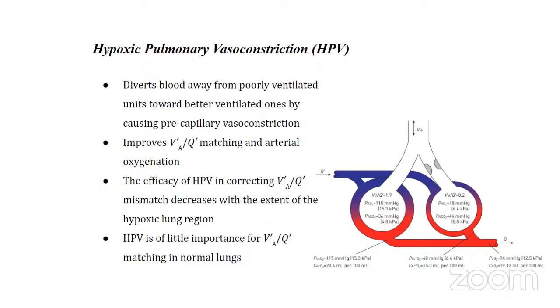We all know that they have extensive lung disease. So HPV is of little importance if such extent is seen. That is why patients are not having breathlessness, even when saturation is coming down to 50 or 40.